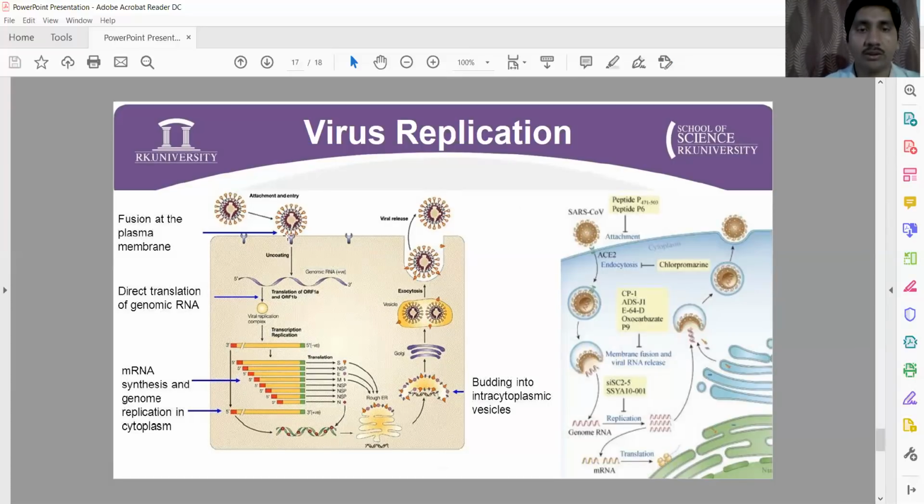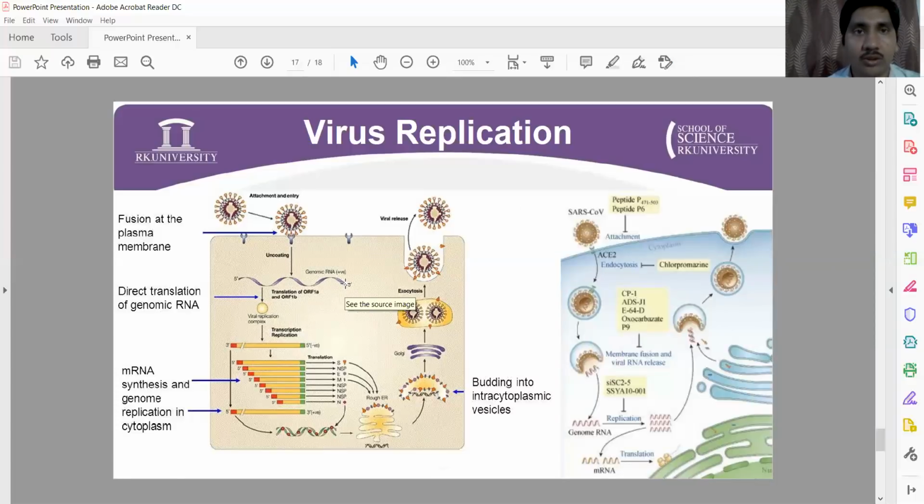In the second step, you can see when the virus attaches with its spike to the ACE2, the envelope gets merged into the membrane of the host, and the genomic material is released. Now, when the genomic material, that is positive sense RNA, is released, two processes go on simultaneously.